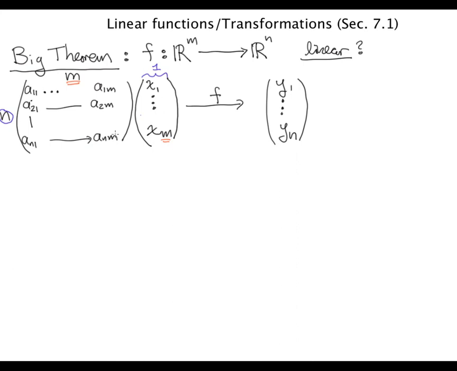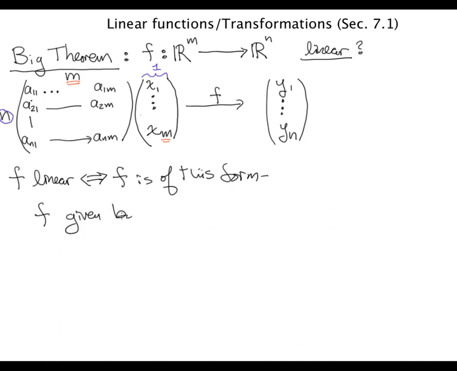And the big theorem is that f is linear if and only if f is of this form. Which is to say, f is given by an n by m matrix.